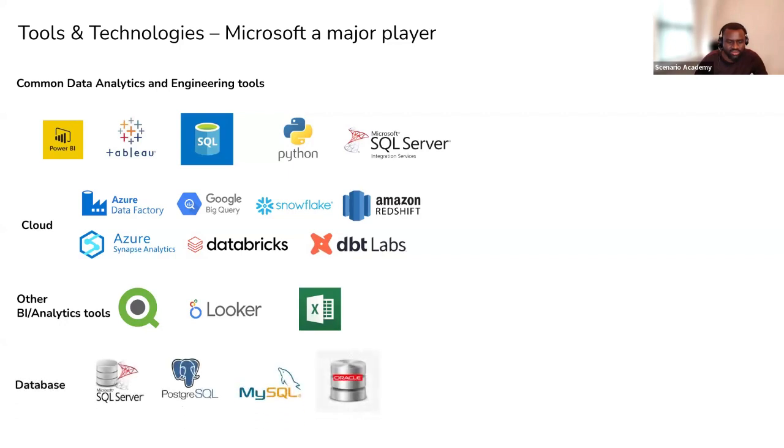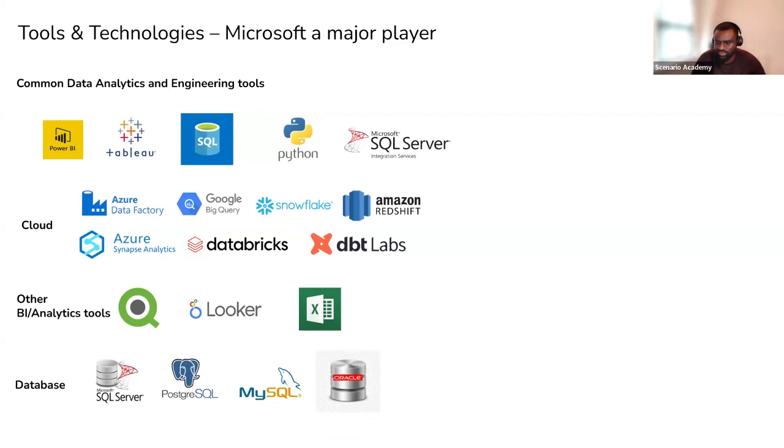And then you also have databases. There are different types of databases that you find yourself coming across in different organizations. Some organizations store their data in SQL Server, some in PostgreSQL, some in MySQL, some in Oracle. So these are data locations where organizations store their data.